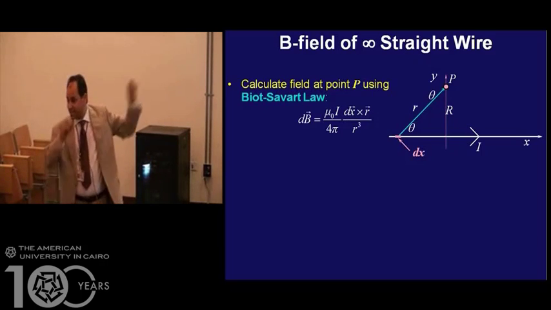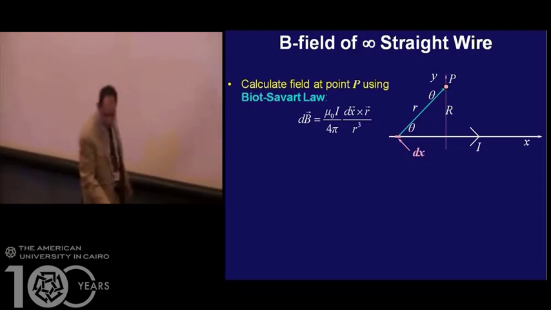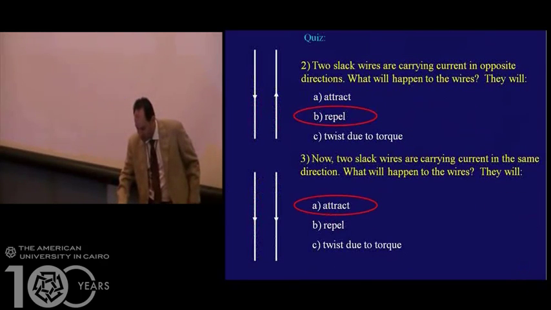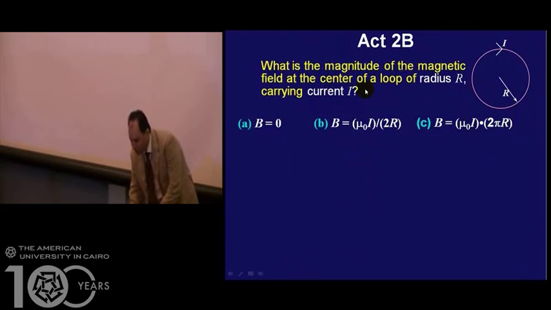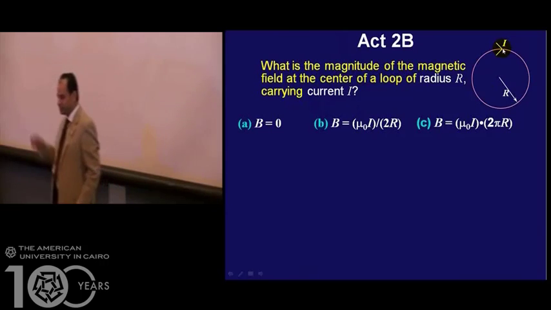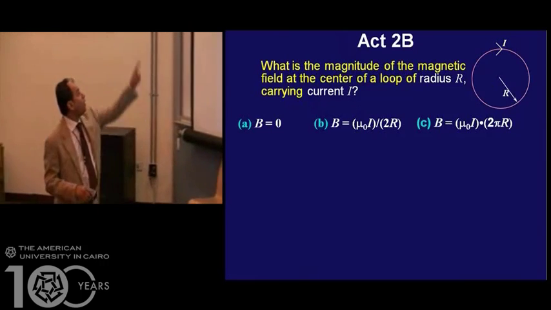dx, that is the small part of the wire, small part of that circular wire, I'm going to call the length dl, not dx. Small part in here that has a length of dl. Small part, anywhere. Cross r.